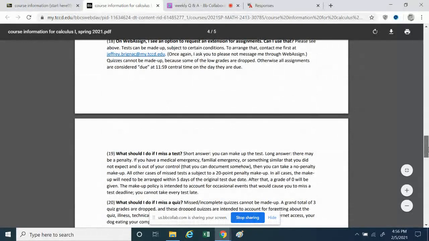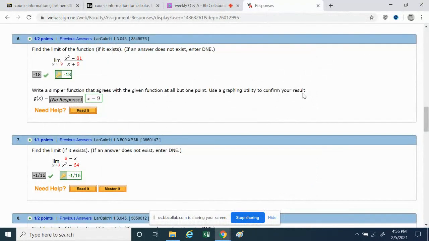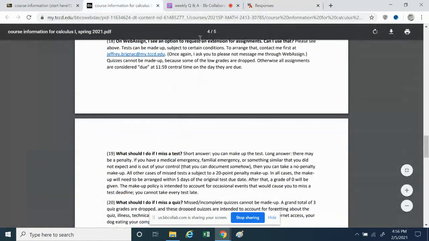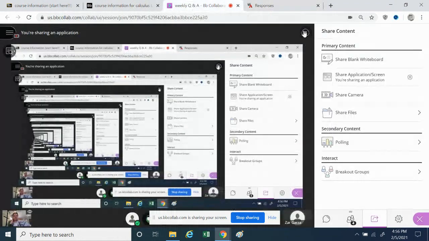It says some of the questions may mention something about use a graphing utility, but you never have to do that. I'm not using graphing calculators in the class or expecting you to know anything about it. So always just answer the questions as they are and ignore anything about calculators. I can't remember where in here it said that, but it was there somewhere.